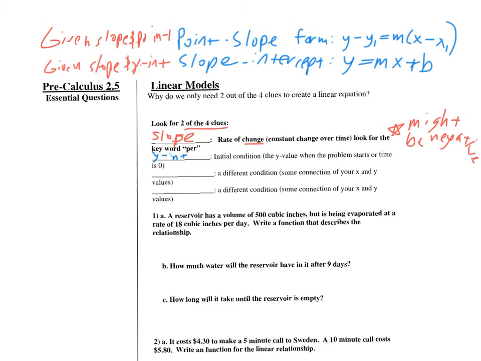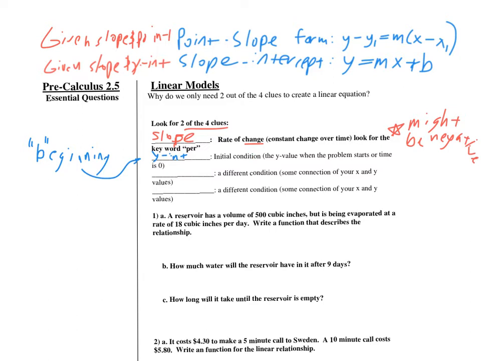All right, the next one they might give you is the y-intercept. We know that this one is b, and I always call that the beginning. It's not actually what b stands for in our y equals mx plus b, but it's a good thing to consider, because the y-intercept is the initial condition.